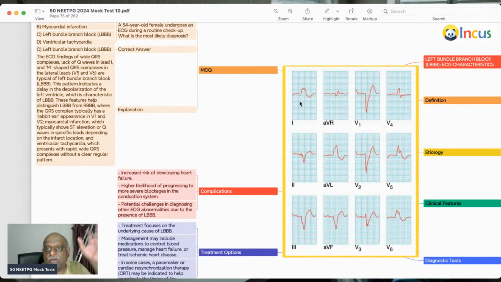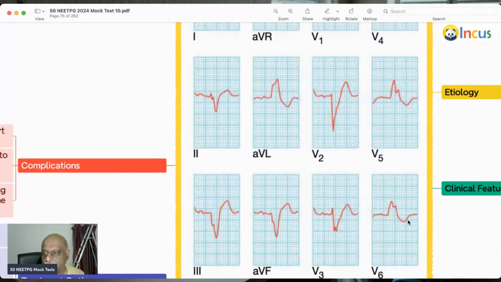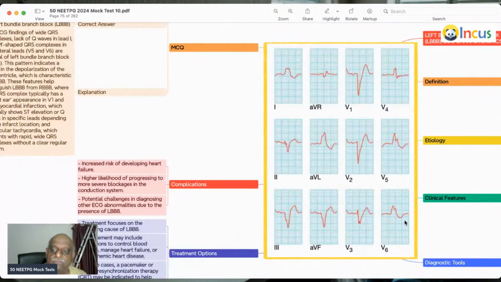So, the lack of a Q wave in lead one, and the M-shaped change, remember with WILLIAM and MARROW. M-A-R-R-O-W, and the other one, you have the M-shaped change, which is seen on the WILLIAM.